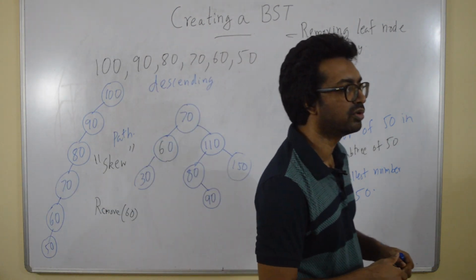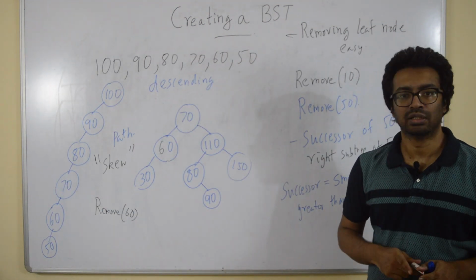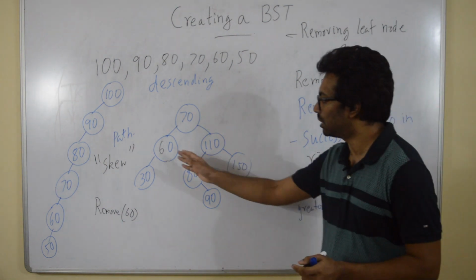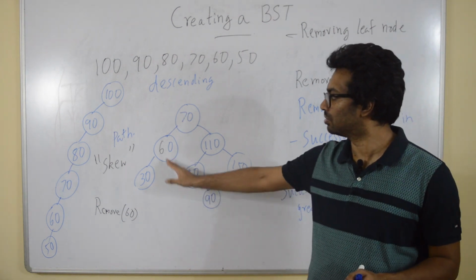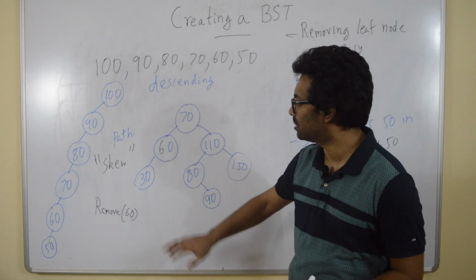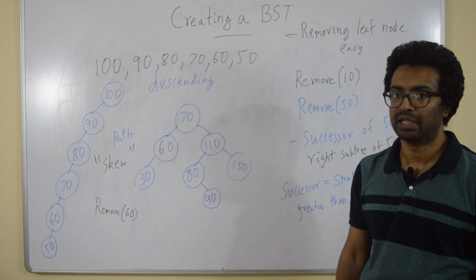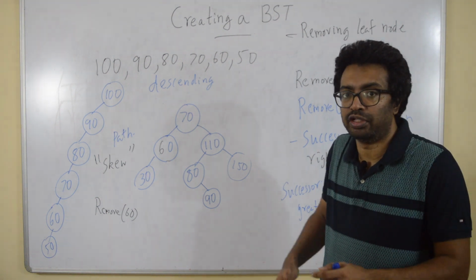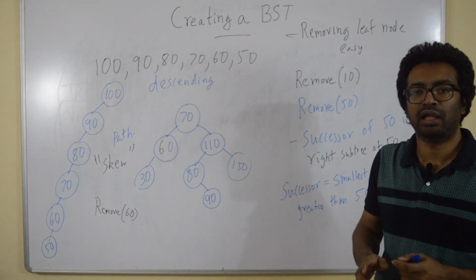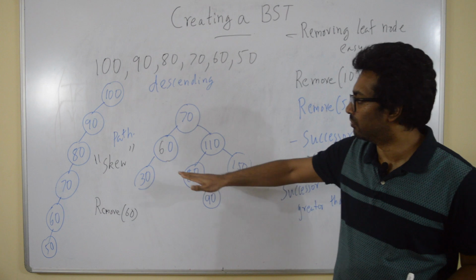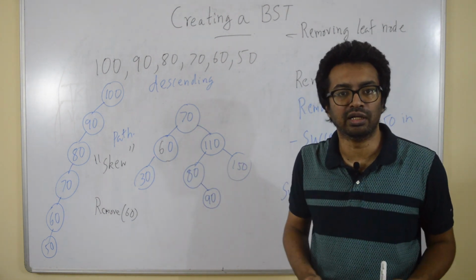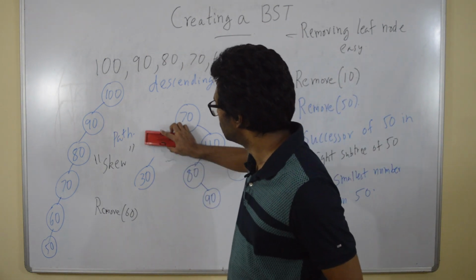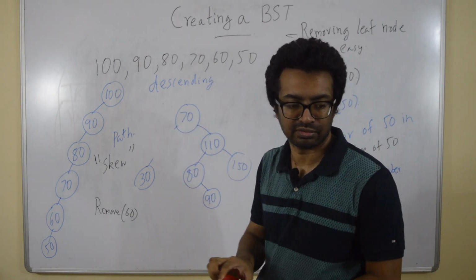What should I do if I have to remove 60? Again, let's do this, the successor. Oh, but there is no successor of 60 in the right subtree because 60 does not have a right child. In that case, if a node has only one child, it's easy to do. Just remove this and connect this.